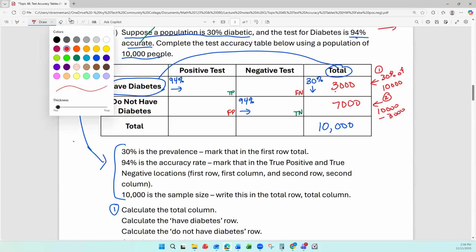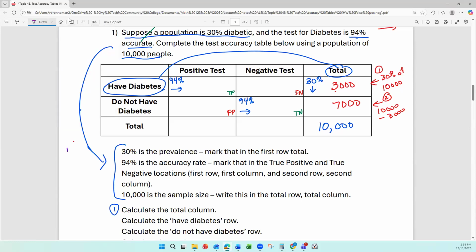But now I'm going to go to the have diabetes row, and the positive test, the accurate tests, are 94% of the row total. So this is within the row. It can only be within the row. So the 94% is not 94% of the 10,000.